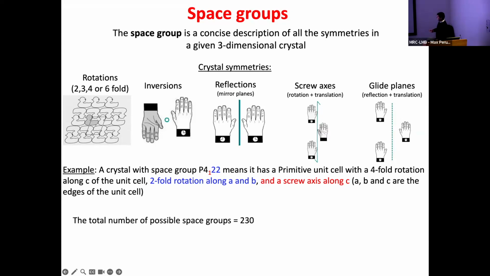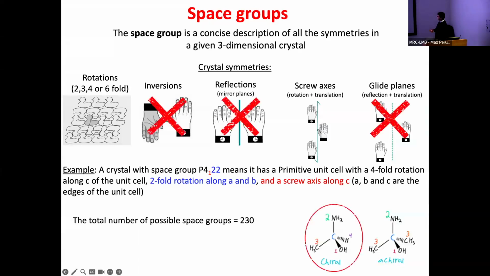That said, there is a total of 230 possible space groups applying all the symmetries together. But because amino acids, the building blocks of proteins, are chiral in nature, this prevents some of the symmetry from existing. So you will never find inversions, reflections, or glide planes in protein crystals.